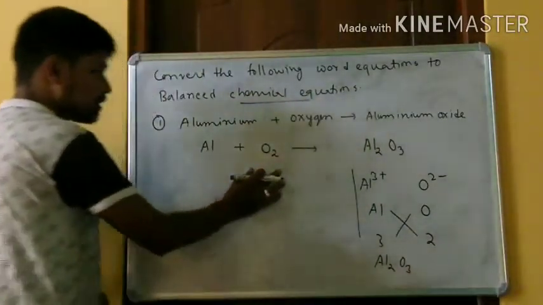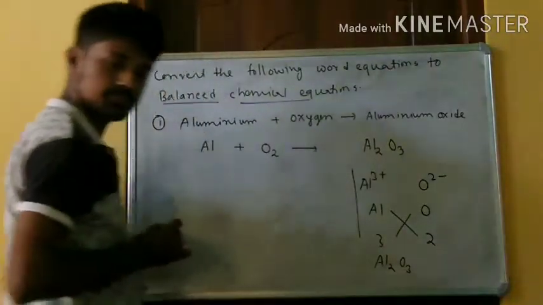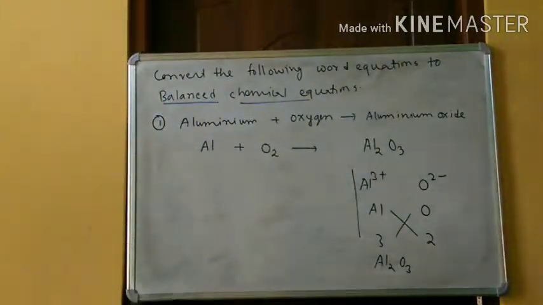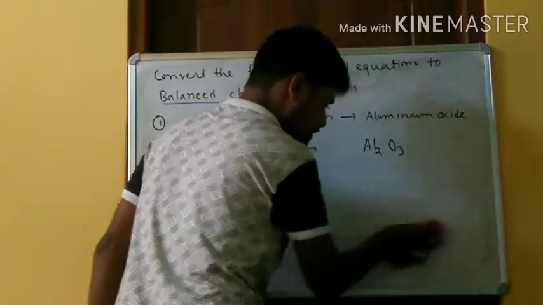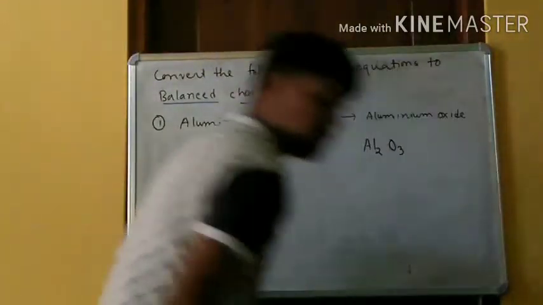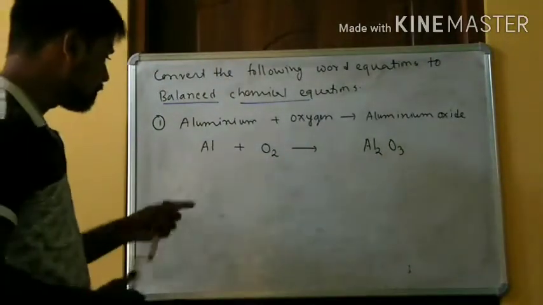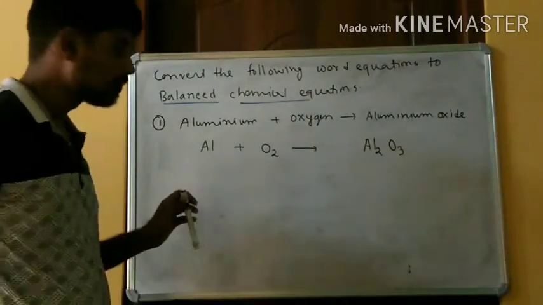It is a chemical equation, but it is not balanced. We have to balance the chemical equation. How to balance the chemical equation? We have studied that earlier in this chapter.